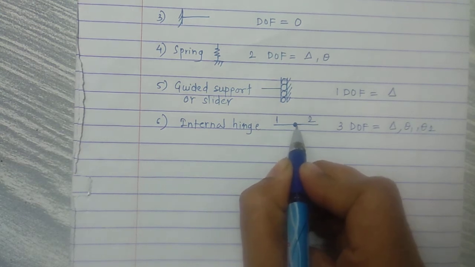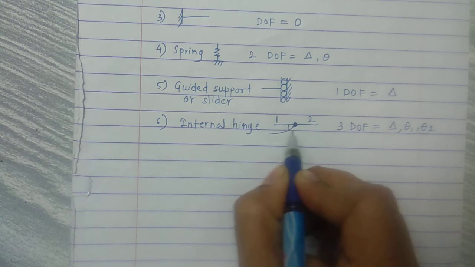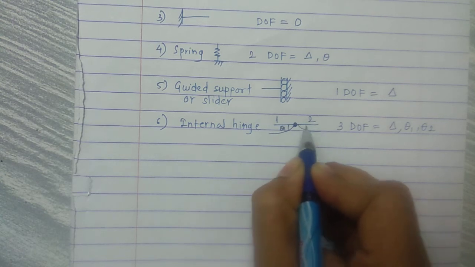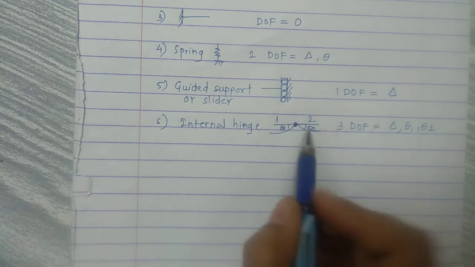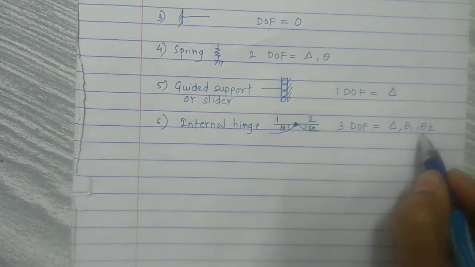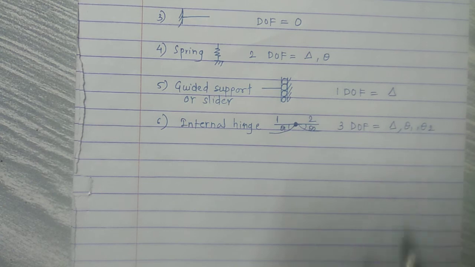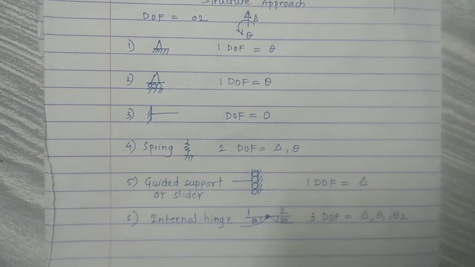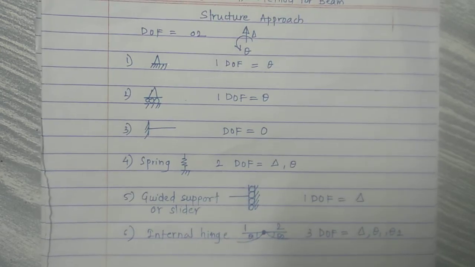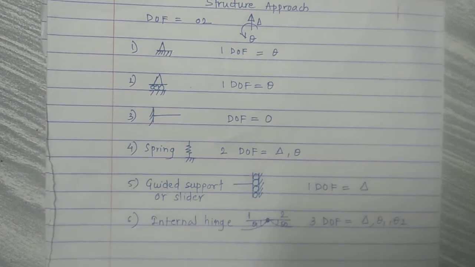Because of this there is a rotation in this direction, theta 1, and also in this direction, theta 2. So because of the internal hinge, 2 rotations occur. This is just a summary of how to calculate degrees of freedom, knowing the type and property of the support.